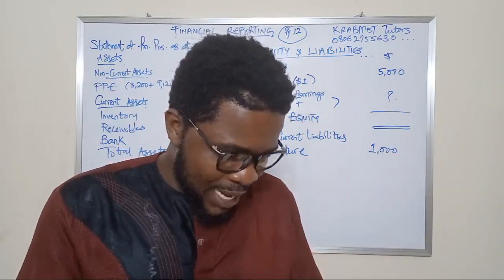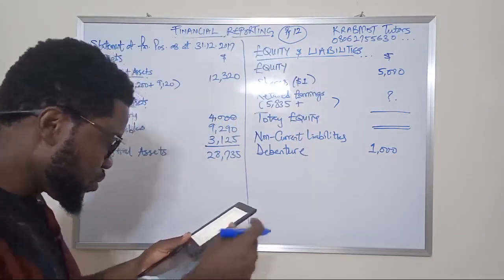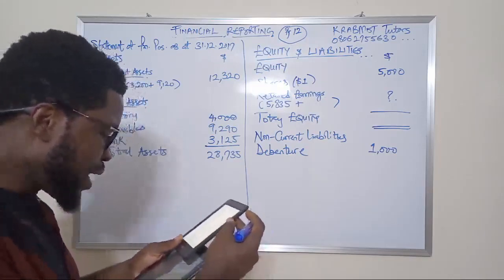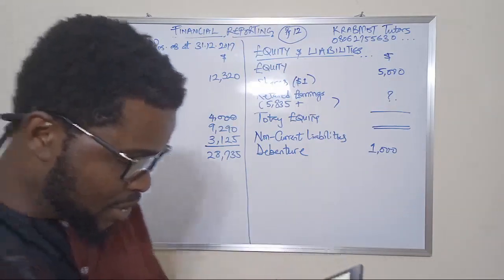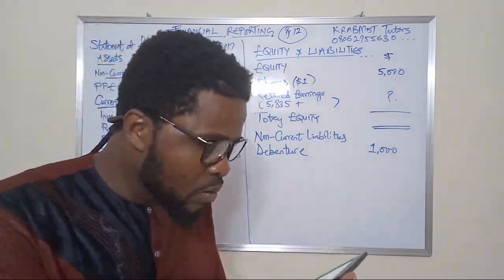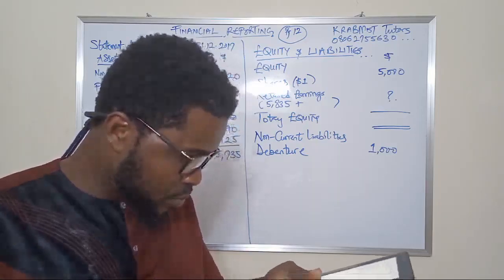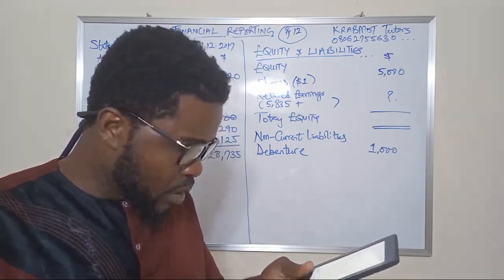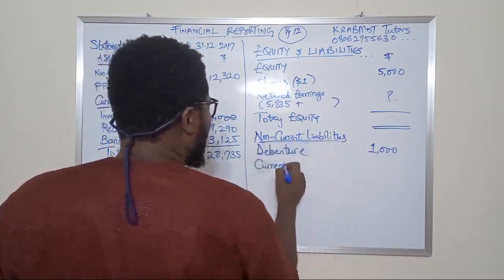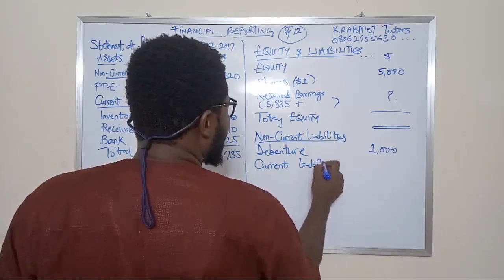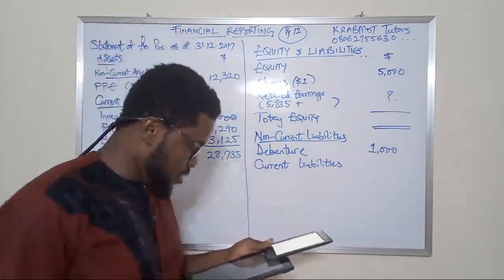Now, I can't see anything else again, so we go to see if we can see any payables there, any current liabilities there. So the next is current liabilities.